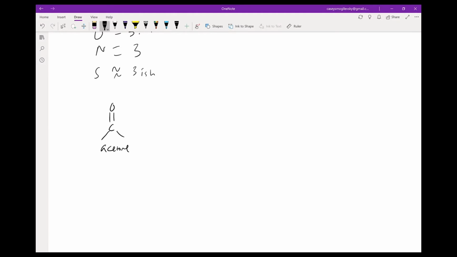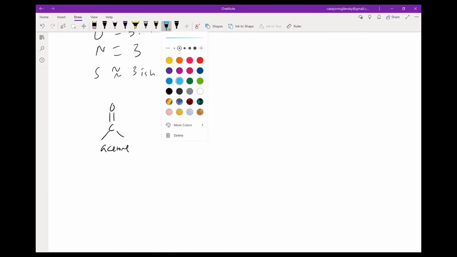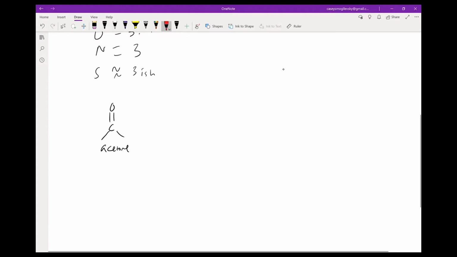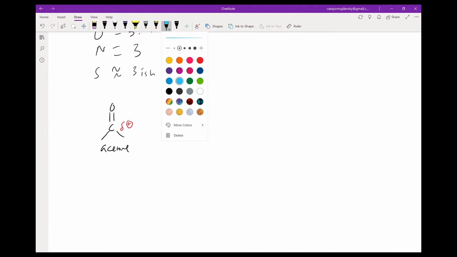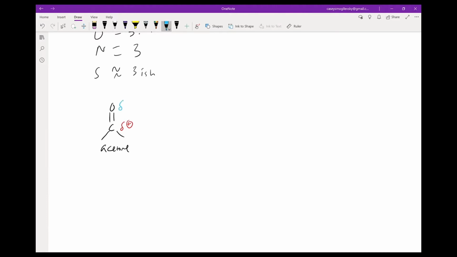In acetone, this carbon is going to have a partial positive charge, and this oxygen is going to have a partial negative charge, kind of similar to how water is polarized. But in this case, the partial positive charge on the carbon right here makes it very electrophilic.